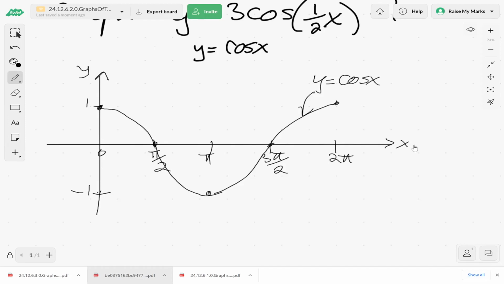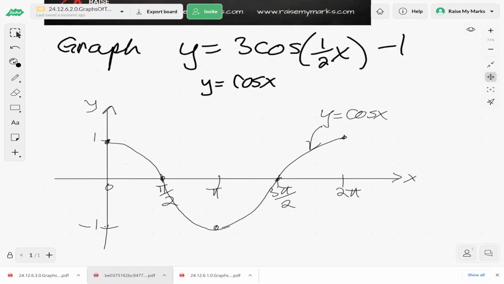So now if we look at our function that we're given, y equals 3 cos 1/2 of x minus 1, let's take a look at what transformations are being performed here. So our 3 gives us a vertical stretch of 3 units. The 1/2 being multiplied to x gives us a horizontal stretch of a factor of 2.